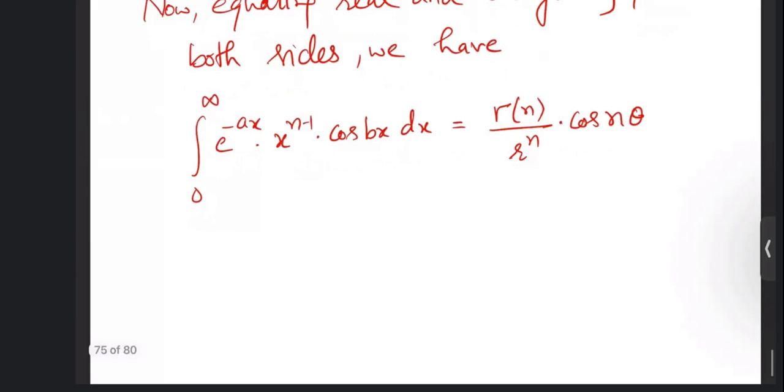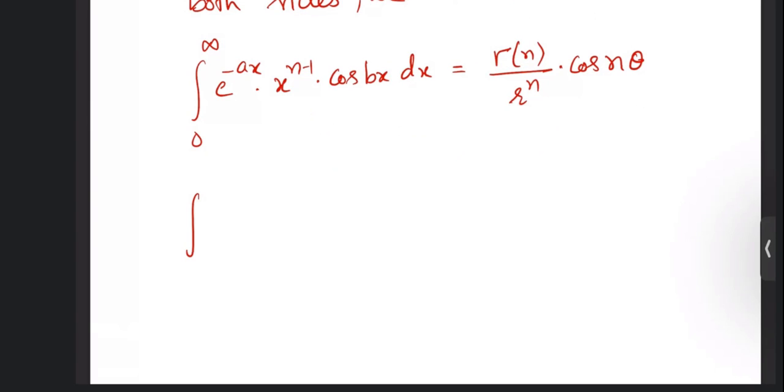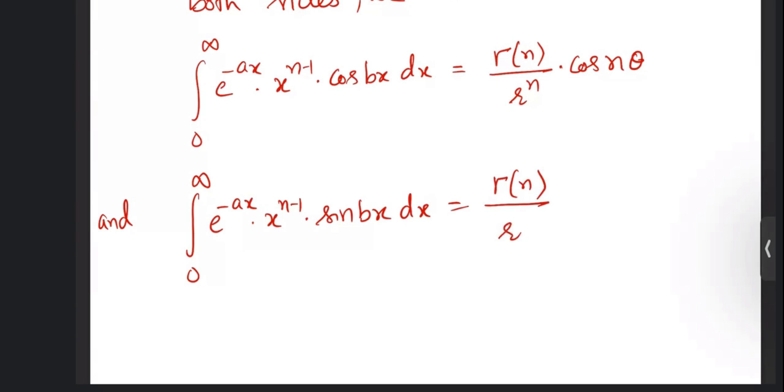The imaginary part of the left hand side will become the integral from 0 to infinity of e raised to power minus ax x raised to power n minus 1 into sine bx, which is equal to, in the right hand side, gamma of n divided by r raised to the power n into sine n theta.